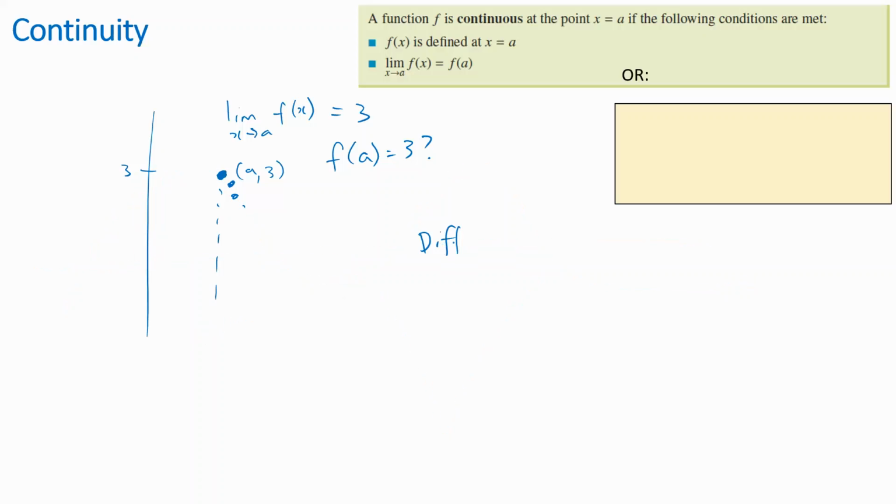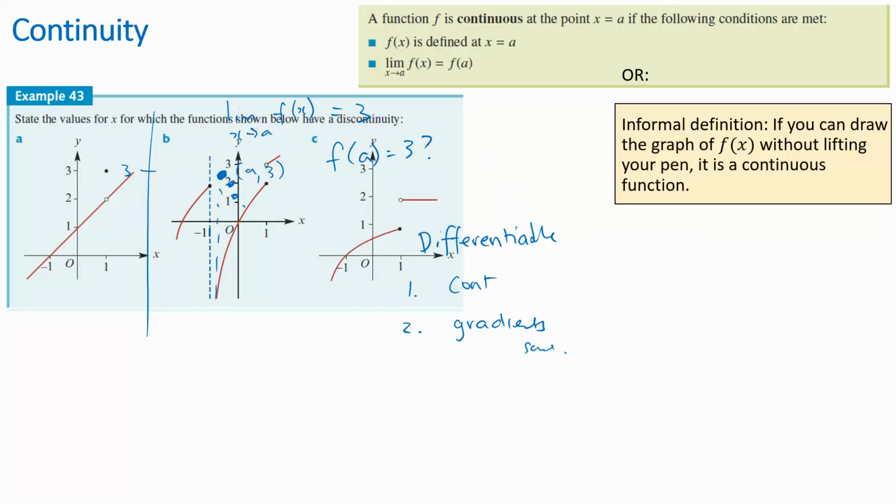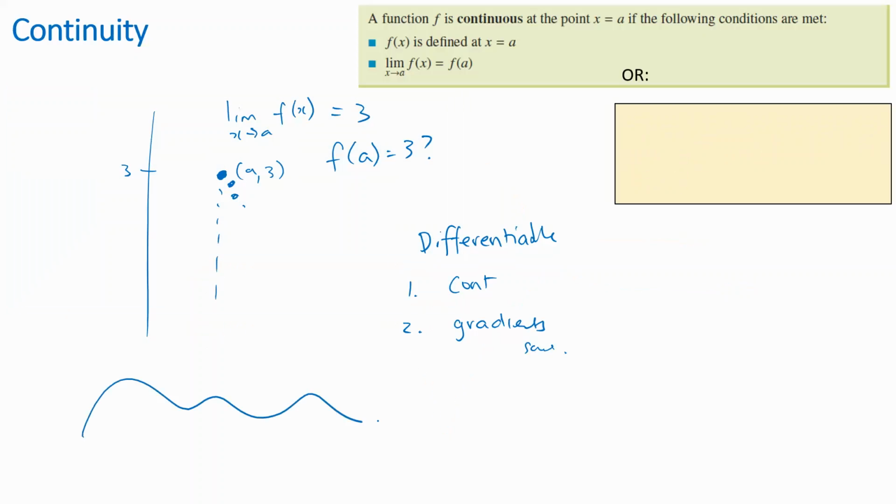I'm saying, for it to be differentiable, we said it needed two things. What were the two things? We said it has to be continuous, and two, the gradients have to be the same. True? So that means the graph has to be continuous, and it has to satisfy these two to be differentiable.